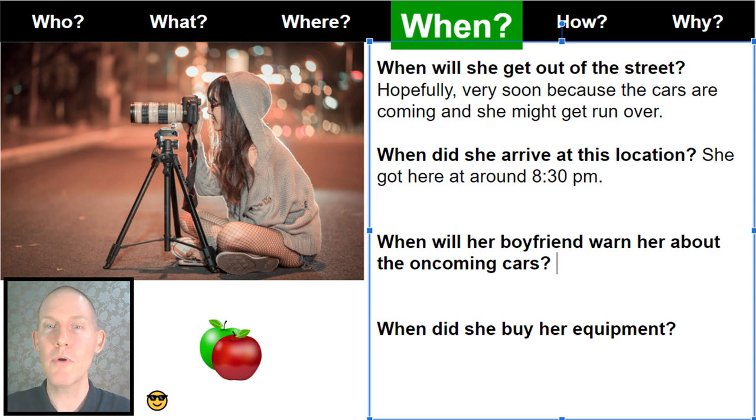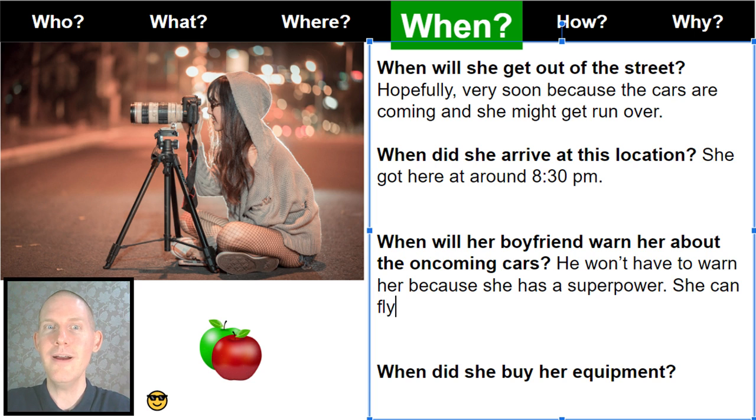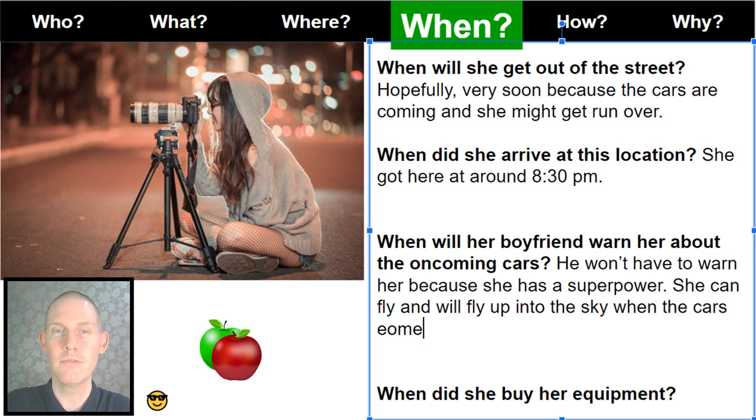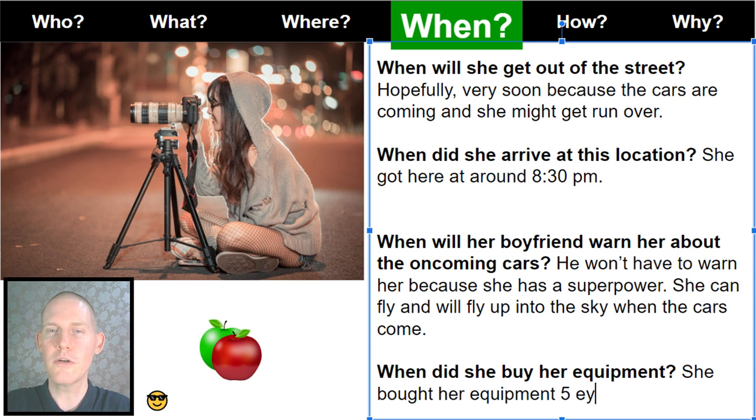He won't have to warn her because she has a superpower. She can fly and will fly up into the sky when the cars come. Why not? Okay, when did she buy her equipment? She bought her equipment 5 years ago. So maybe it's very reliable equipment.